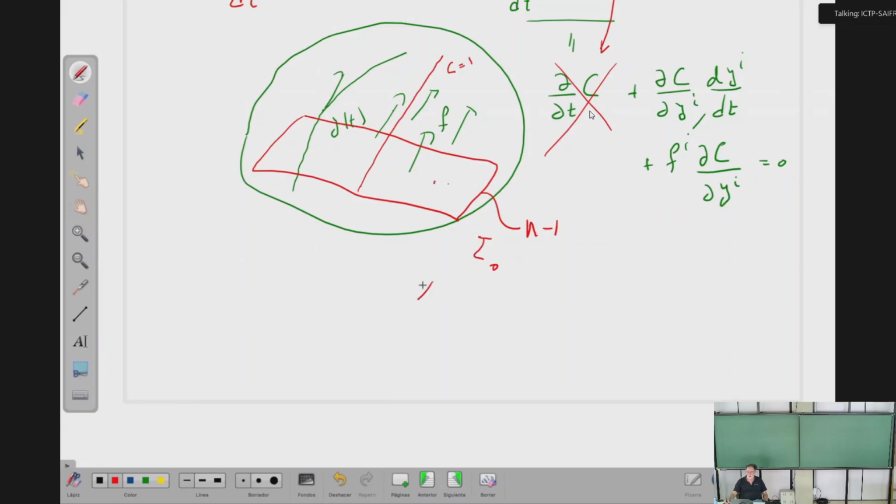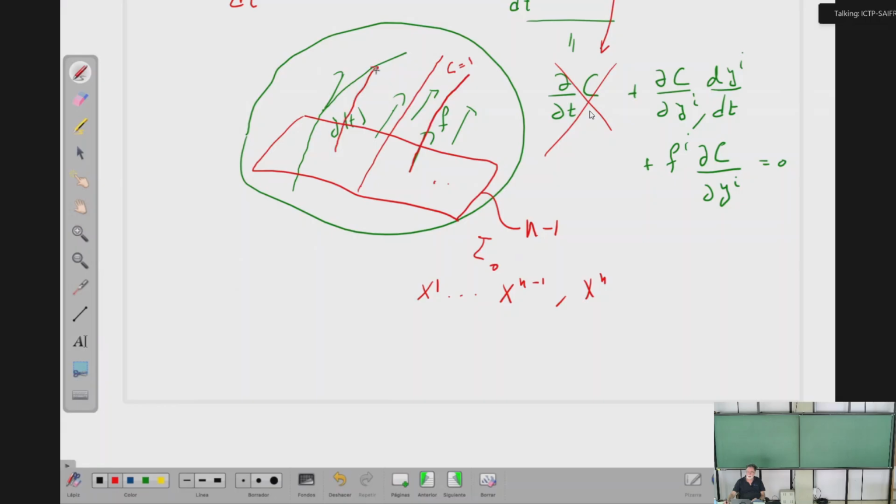So you have coordinates x1 to x n minus 1. And now for the xn coordinate, you say, okay, I take this to be transverse to the vector field f, so that the vector field always pierces the surface. And then I take as xn the coordinate that goes away from here along the curve.